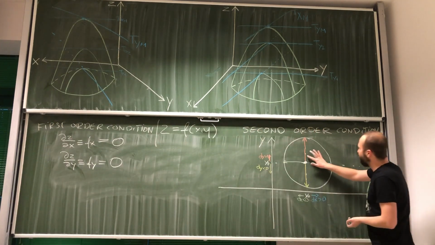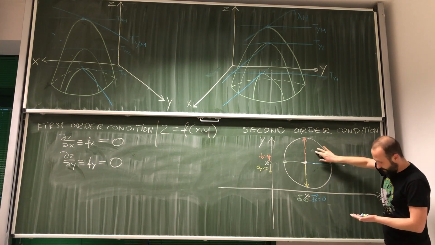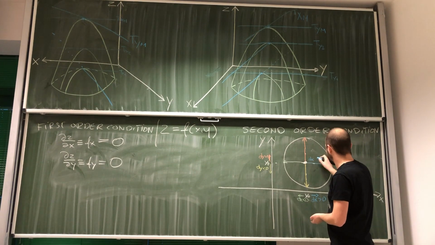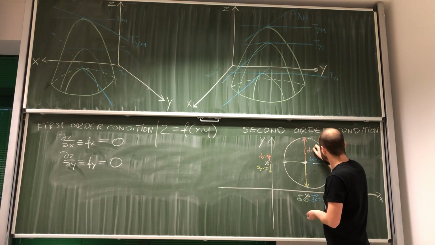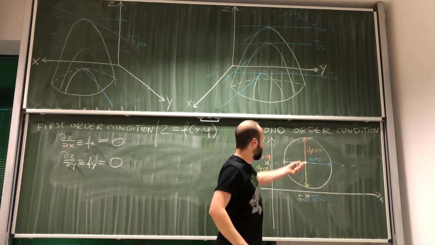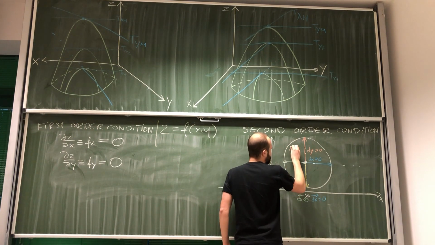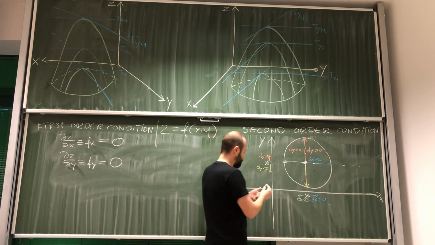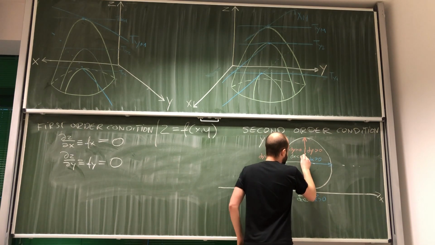Because if we move somewhere over here, we see that dx is positive and dy is positive. Now look what happens over here. Here y is getting bigger, so dy is positive, but dx is negative because x is declining.